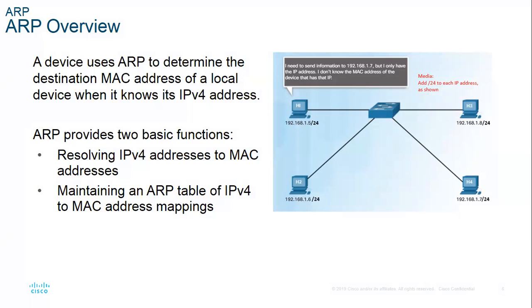So why do we need such a protocol? Usually, when you build an Ethernet frame encapsulating an IP packet, you need to know the IP address of the destination and the MAC address of the destination. And how do you get the IP address?